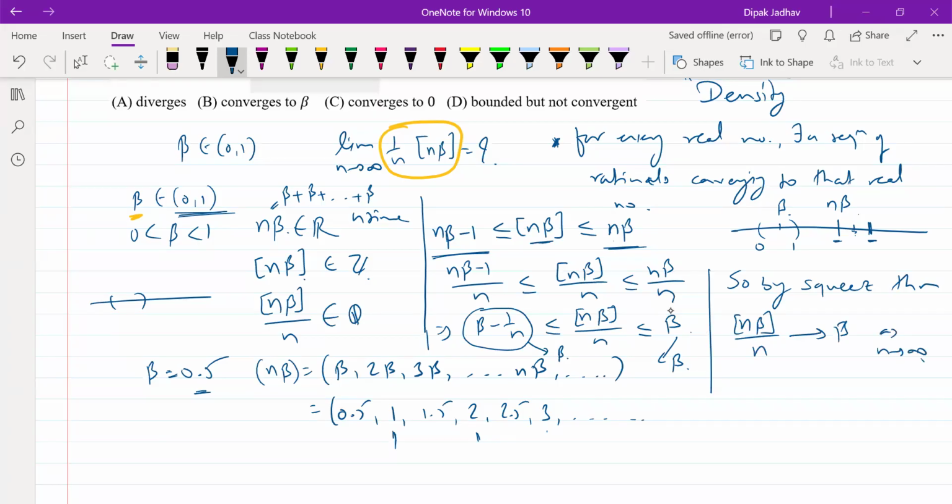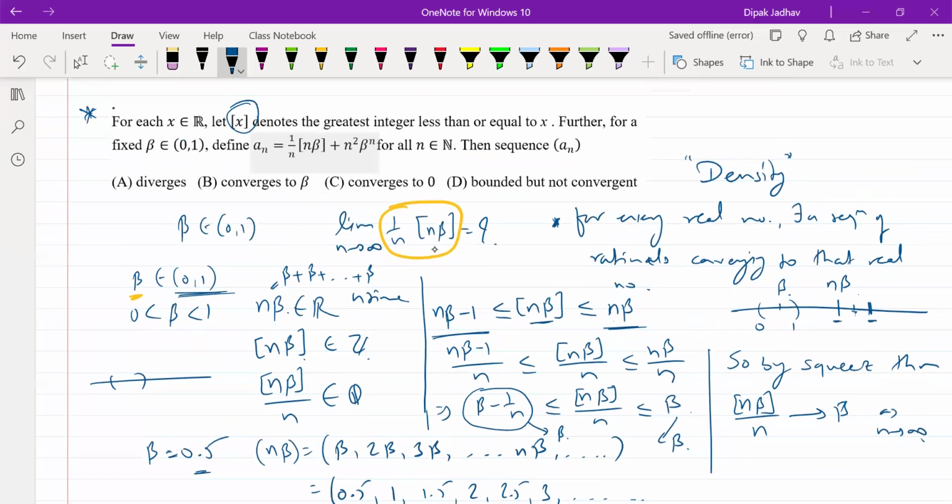So by the squeeze theorem, (integer part of n beta)/n goes to beta as n tends to infinity. So this is a required sequence of rational numbers converging to the given real number beta.